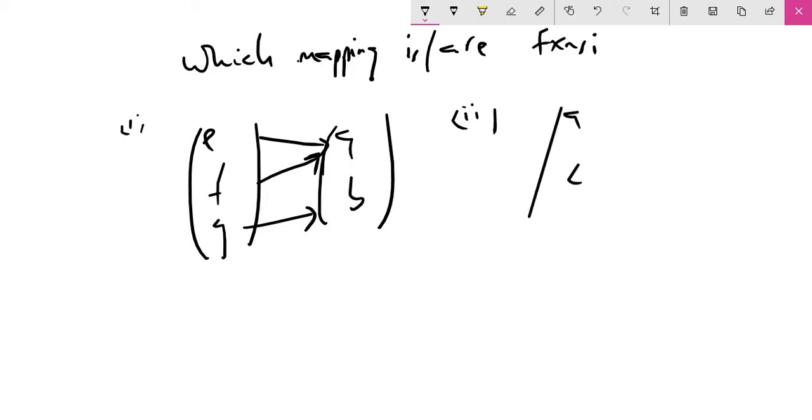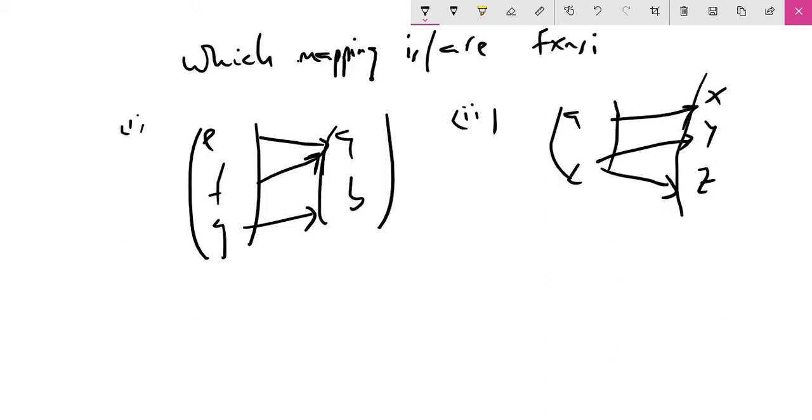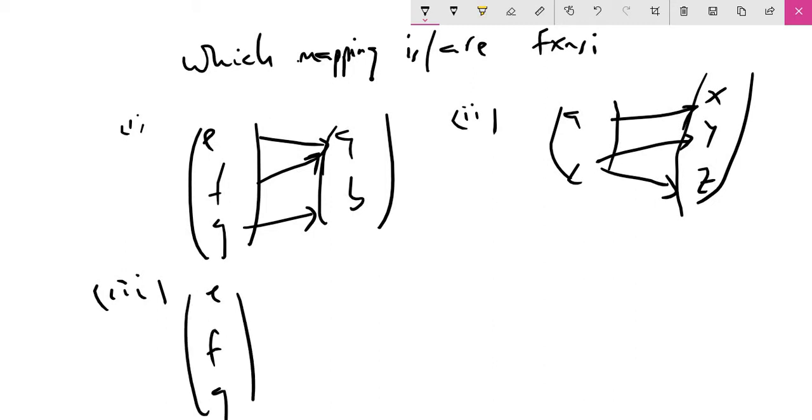Then A, C, X, Y, Z, and then you have A maps to that, C goes to that, and that, and then 1, 2, 3, E, F, G. We have M, C. So you have this.